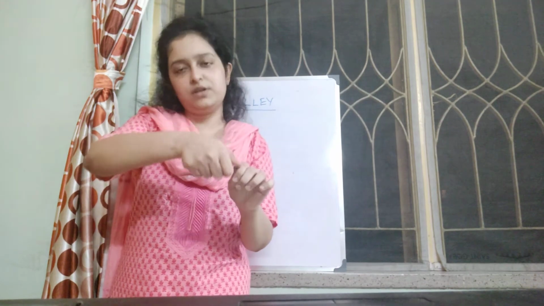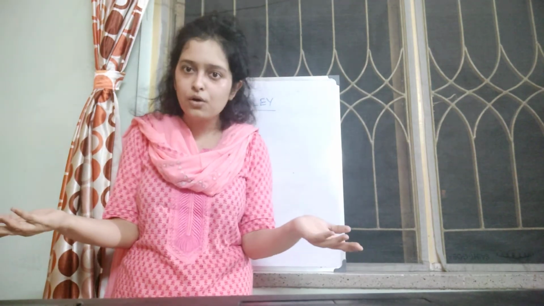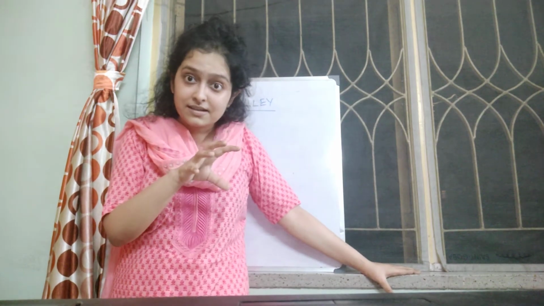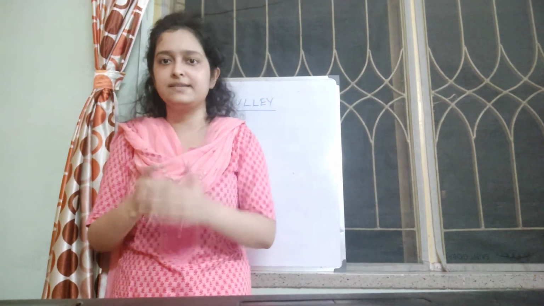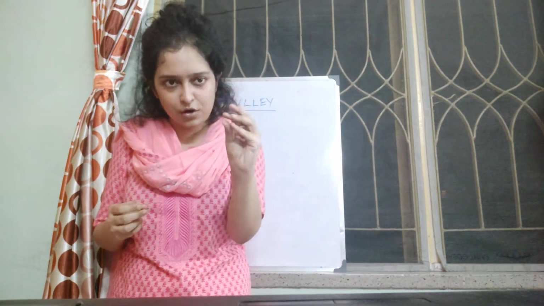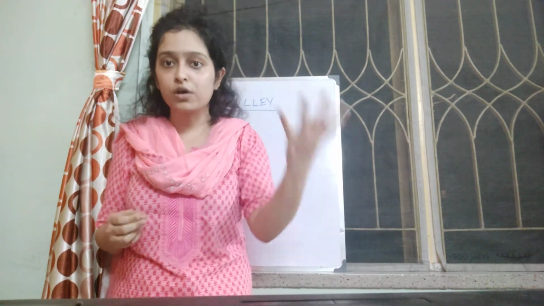Because if you want to open it with your hand, we need to apply a lot of force and effort. So there are some machines which help us apply less force but get a more effective result. Even if we are applying less effort, it helps us overcome a greater load or obstacle.